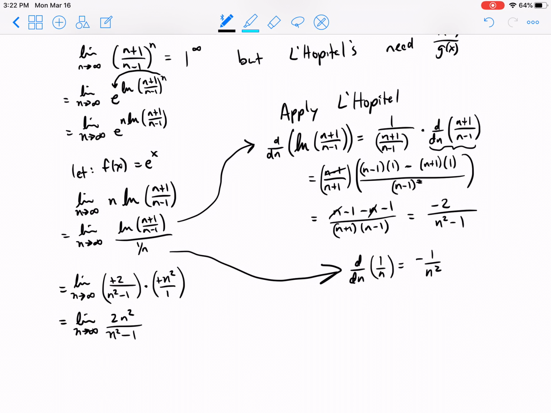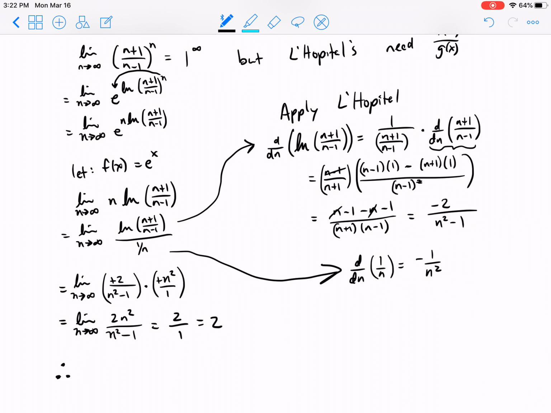And if you note now, we have an n squared and n squared, so the leading term has the same power for both of them. So they're the same order of polynomials there, which means that as we go out to infinity, that limit is just going to be the ratio of the leading coefficients. The leading coefficient on the top is a 2, because it's 2n squared, and a 1 on the bottom because n squared is just 1n squared, which means this is just 2.